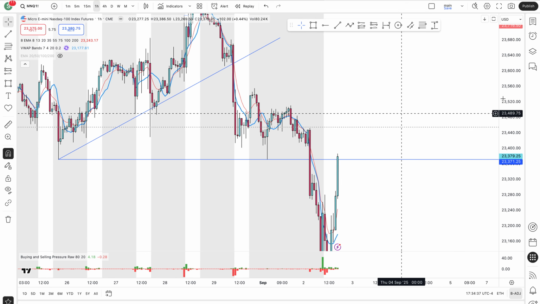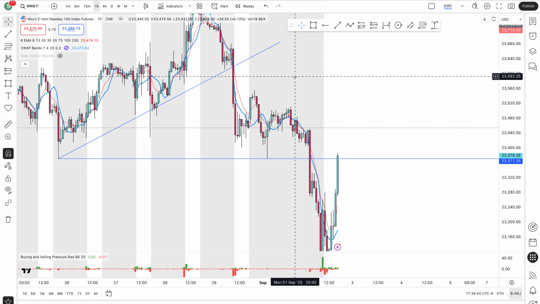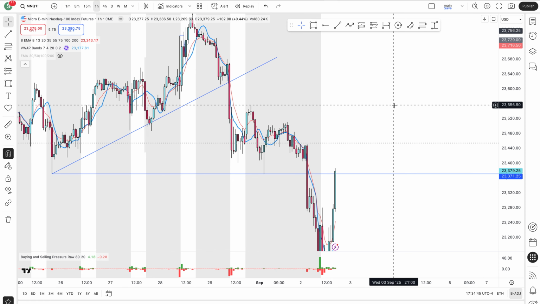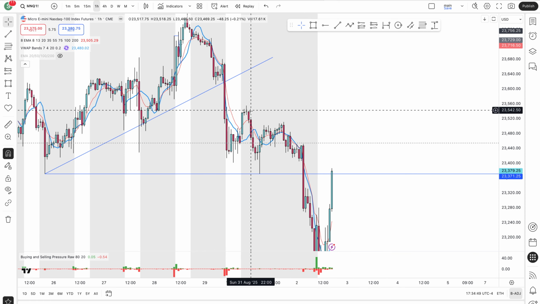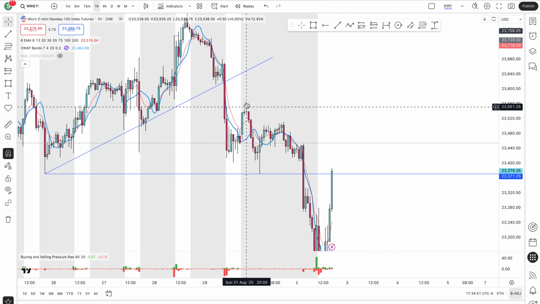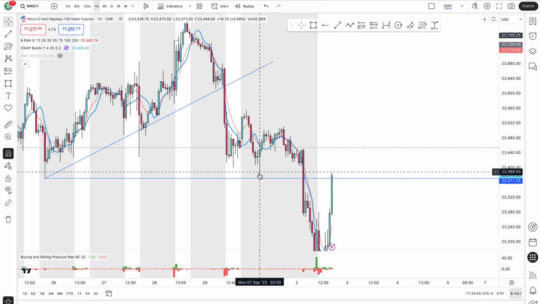But Monday night, we are in a newly formed short-term bearish trend. We had the giant sell-off, came up, and put in a lower high. What happens when you make a lower high? You go make a new lower low.